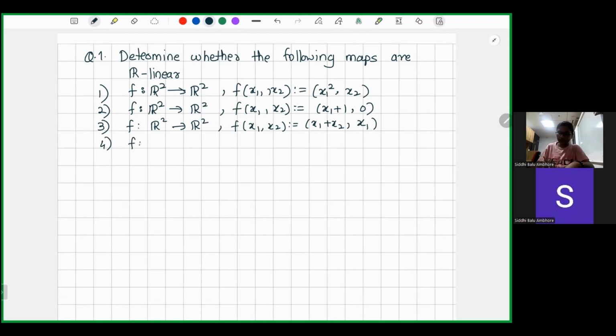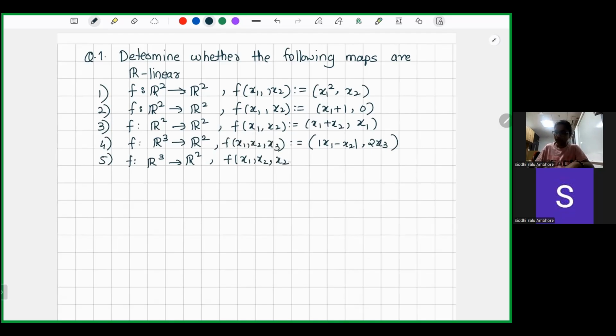Fourth one is f from R3 to R2 such that f of (x1, x2, x3) is (mod of x1 minus x2, 2x3), and fifth one is f from R3 to R2 such that f of (x1, x2, x3) goes to (3x1 plus 2x2, x1 plus x3).